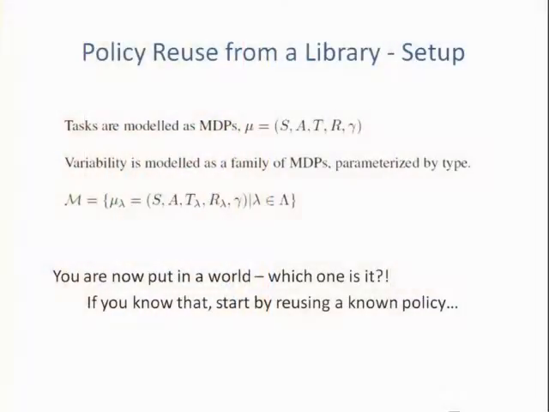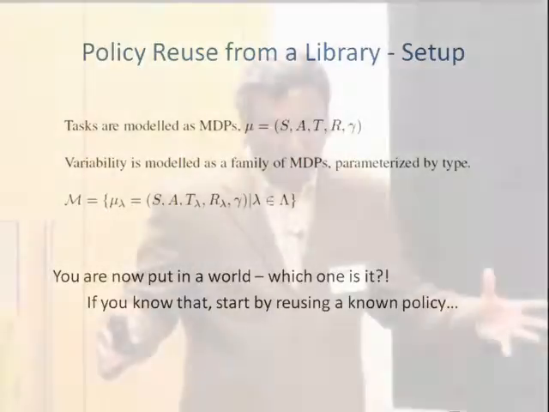So we can think about a library of policies that we've constructed like this, and we could ask, given any particular world that you've thrown me in, is it possible for me to find out which world it is in? And is it possible for me to use this kind of a notion of there being a characterization of the world in terms of performance to do this identification? And so we modeled this kind of a problem as essentially a problem in which every world is described by a particular instantiation of a Markov decision process.